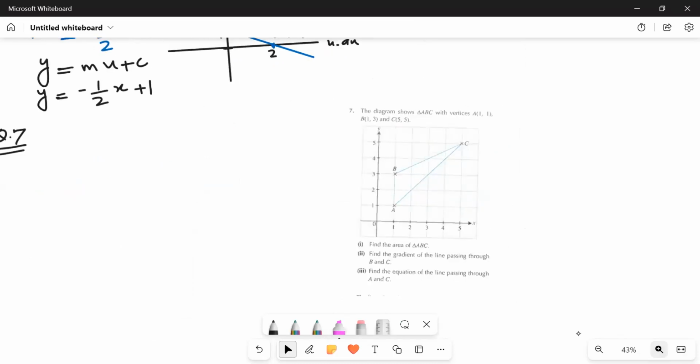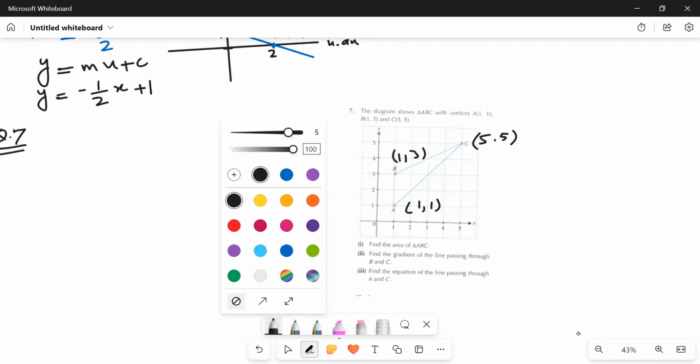The diagram shows A at 1, 1, B at 1, 3 and C at 5, 5. So first we will write all the vertices. A is 1 and 1, B is 1 and 3 and C is 5 and 5. So according to this, find the area of the triangle.